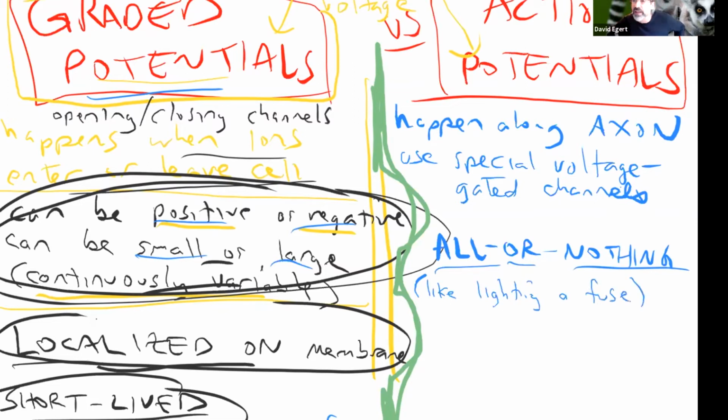If you've got a firecracker and you light the fuse, it's just going. You can't light a fuse negatively or positively or strongly or weakly. You either light it and it's going or it's not going. That's what I mean by all or nothing.